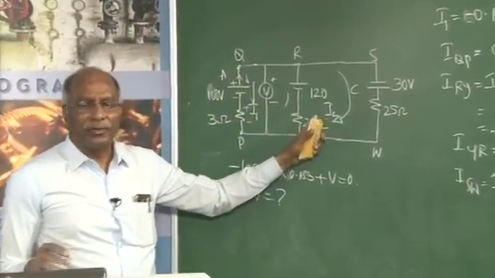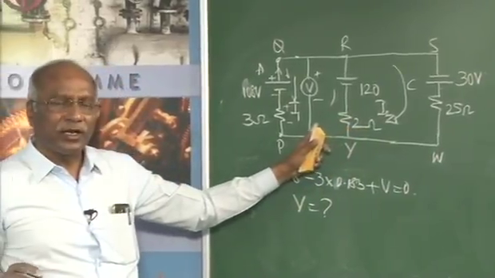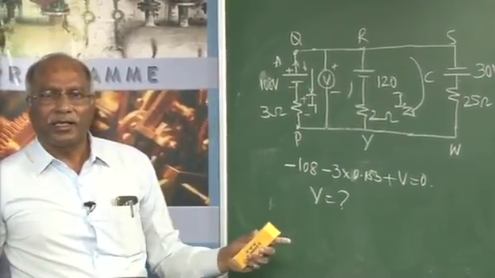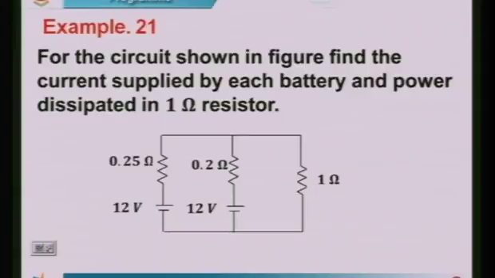The same thing, I will just illustrate in another problem. For the circuit shown in the figure, find the current supplied by each battery and the power dissipated in 1 ohm resistor.